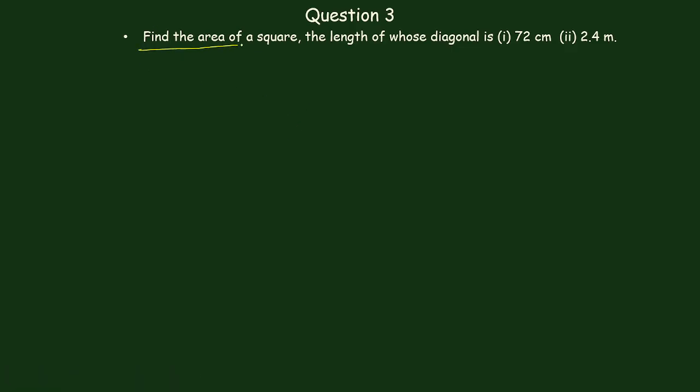Now find the area of a square, the length of whose diagonal is 72 centimeter. So area of a square through diagonal.